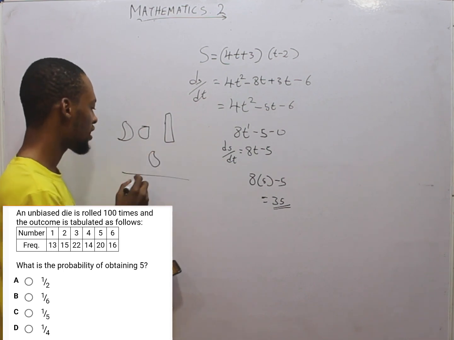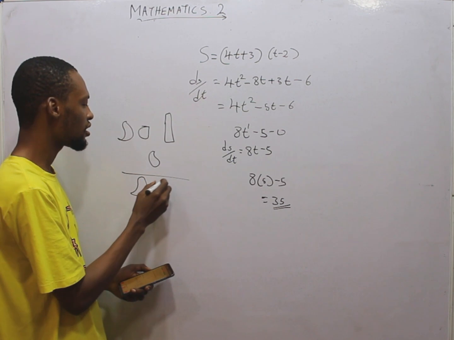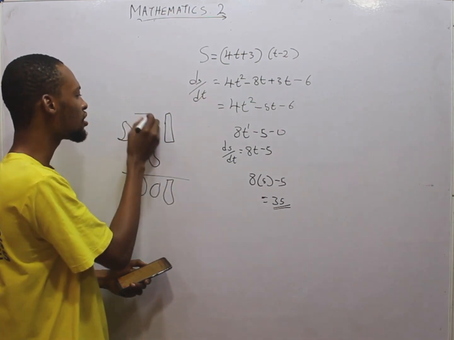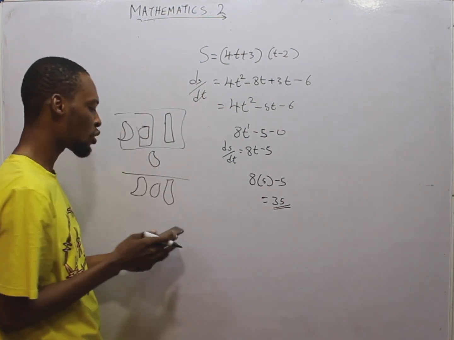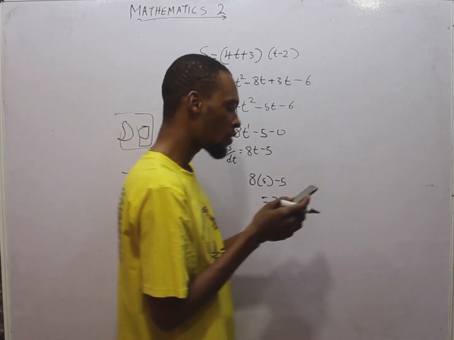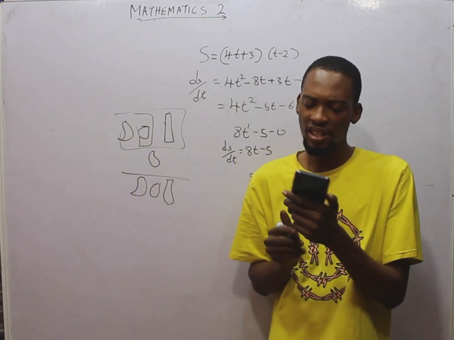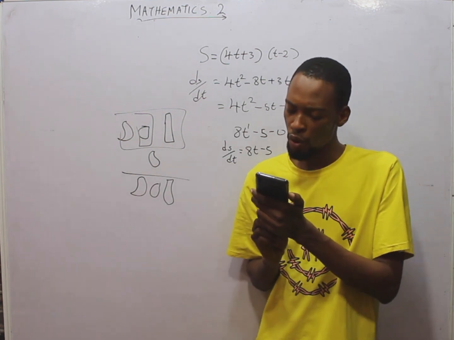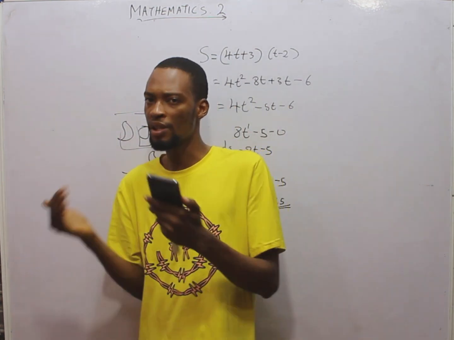It is simply this over this, this, and this, meaning this one over all the outcomes, which implies that the probability of obtaining a 5 is the number of times 5 occurs over the total number of occurrences.